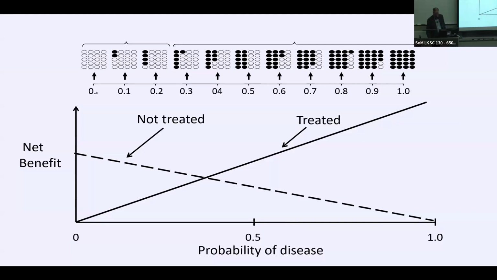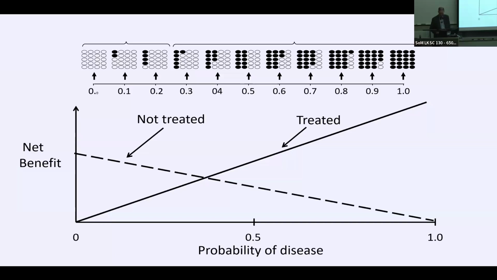So here what we've done is to plot the net benefit of treatment or withdrawing treatment, not treating, against the probability of disease. Think of the benefit as lifetime in good health. Think of the benefit of not treating as avoiding being treated with something that would be harmful to you.